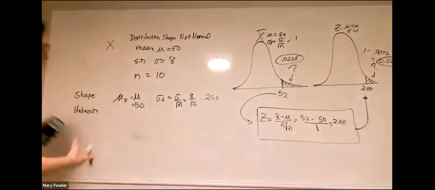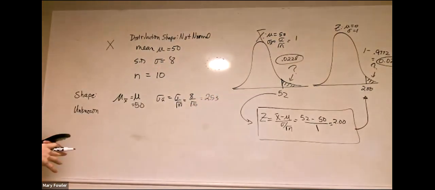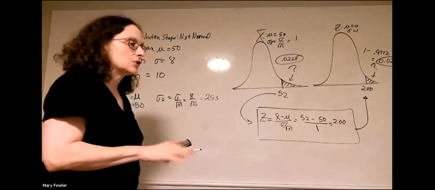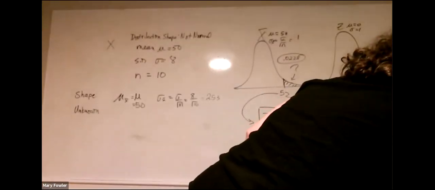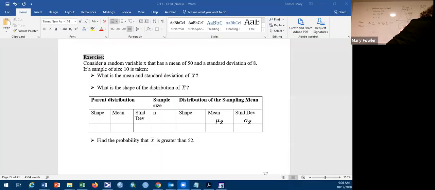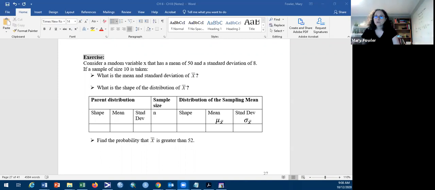All right. So now we're all set there in terms of determining the distribution of the sample mean. But the next problem asks for us to find the probability that X bar is greater than 52.